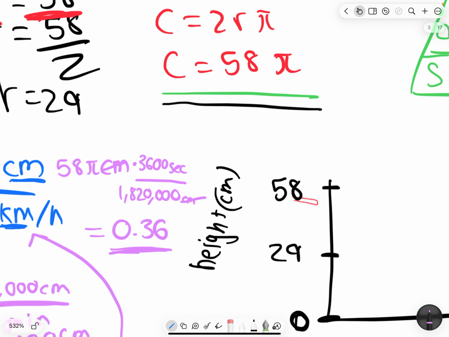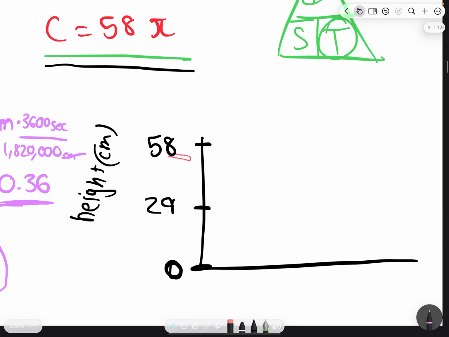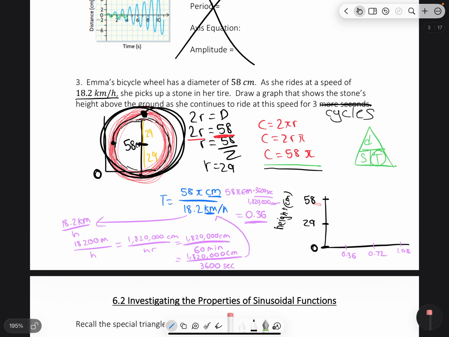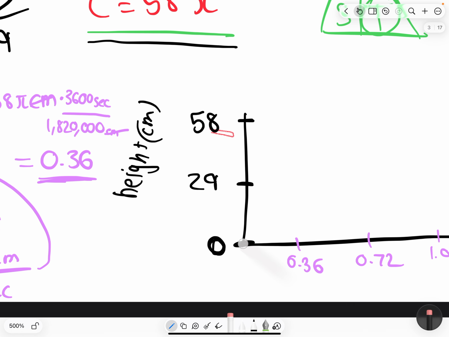So we could plot that here. This becomes 0.36, and you could add another 0.36, which becomes 0.72. You could add another 0.36, and it becomes 1.08. And you just draw here.